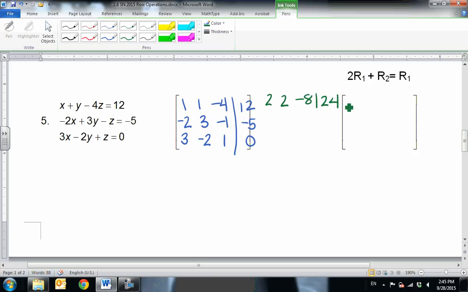In row 1. Okay, so 2 plus negative 2, 0. 2 plus 3. Negative 8 plus negative 1. And 24 plus negative 5. 19. Does anything else change? Nope, so just recopy them over.